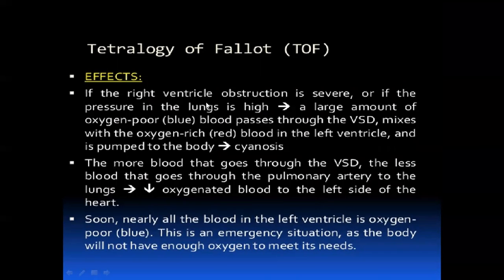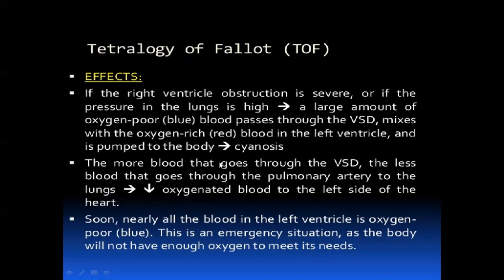If the right ventricle obstruction is severe, or if the pressure in the lung is high, a large amount of oxygen-poor, bluish, impure blood passes through the ventricular septum, mixes with the oxygen-rich blood in the left ventricle, and is pumped into the body, which causes cyanosis, blue baby syndrome.